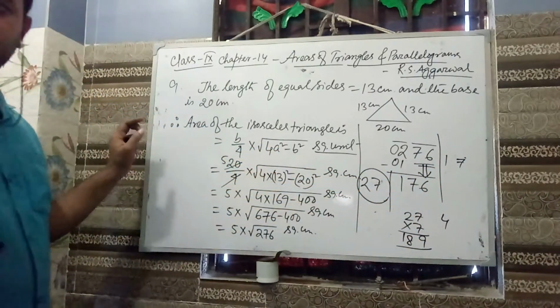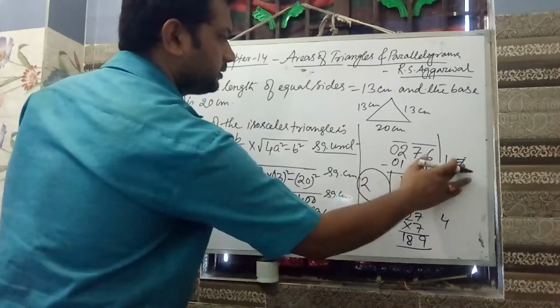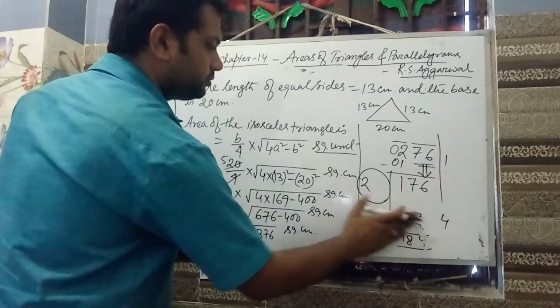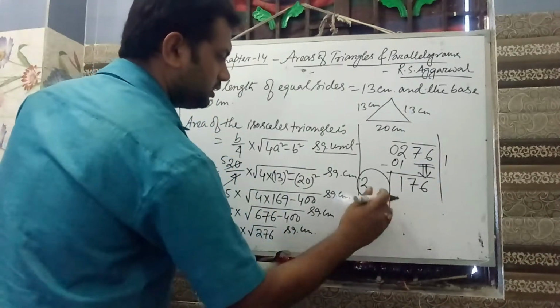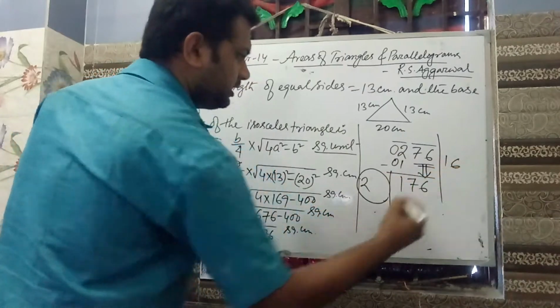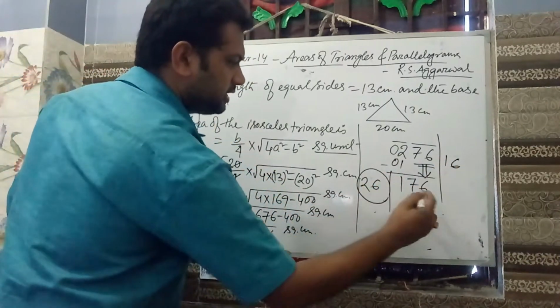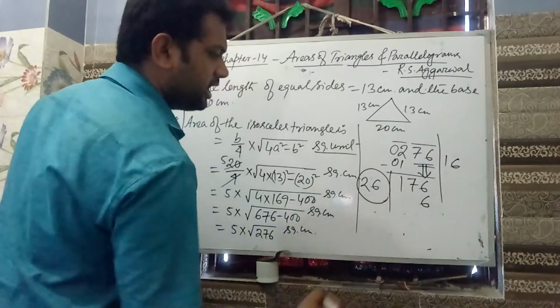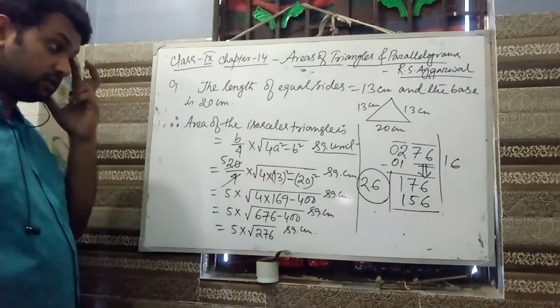So what do we have to take? We have to take 6. This you have to find out by the trial and error method. So write 6 here, again 6 here, multiply. 6 6s are 36, 6, 3 in hand. 6 2s are 12 plus 3, 156.